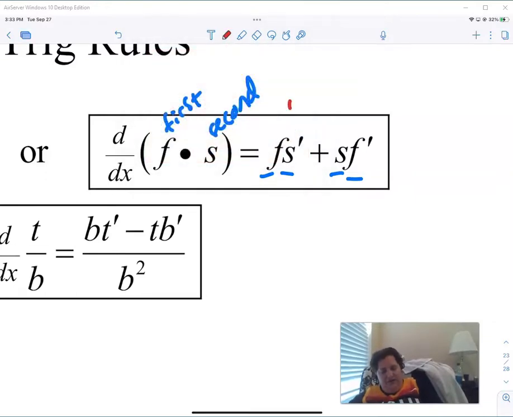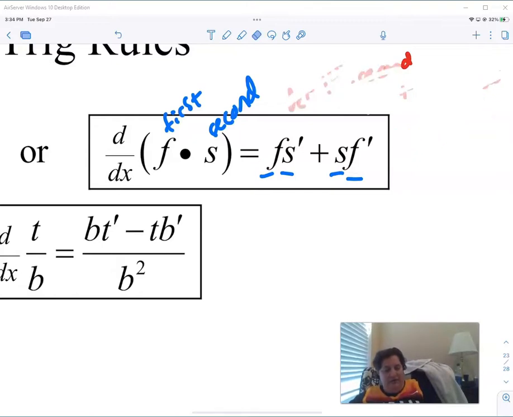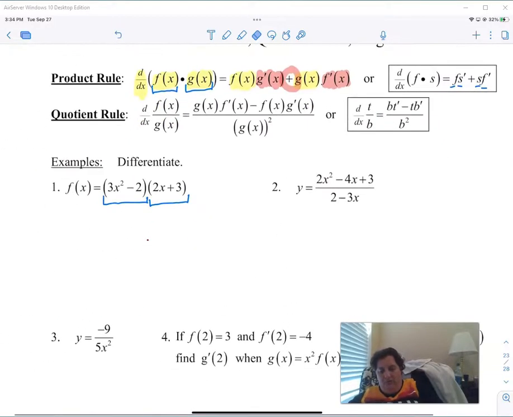I say derivative of the first times the second plus the first times derivative of the second. However you say it, say it the same way in your head over and over and over again until you get that right, okay? So let me show you how a product will work.